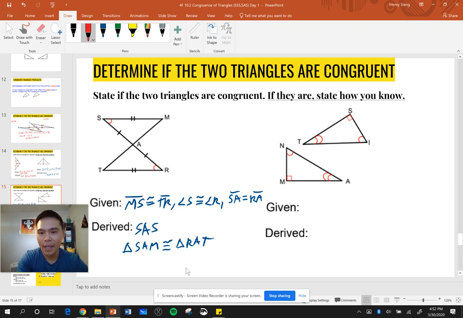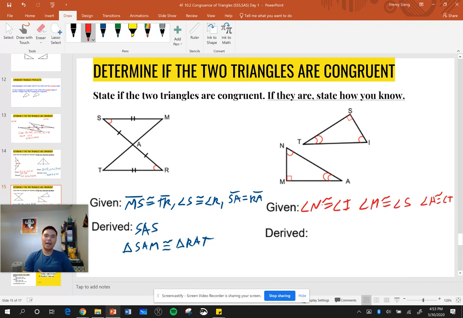So if you look at here, I can see that I have angle N, let's use capital N, that's congruent to angle I, and then we have that right angle, angle M, is congruent to angle S. We also have angle A is congruent to angle T, right? Well, because of this, I have an angle, angle, angle.